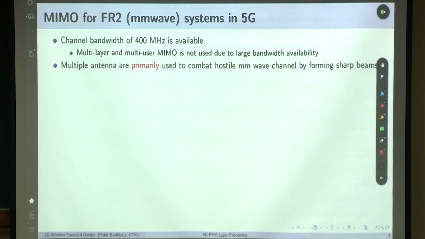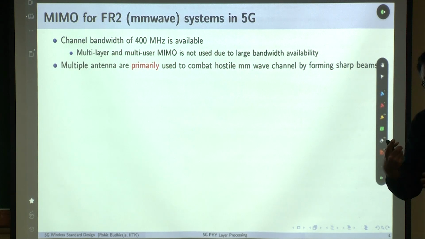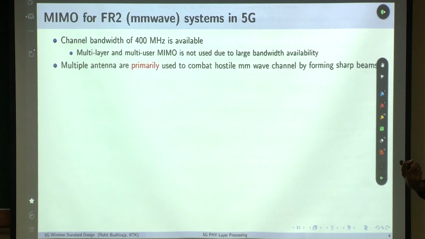And you see that even for FR1, even if you had a single antenna at the receiver, at the user, you could live with that, because it would be able to receive NL equal to 1 layer, and the channel is not hostile there. So it will receive a good data rate.